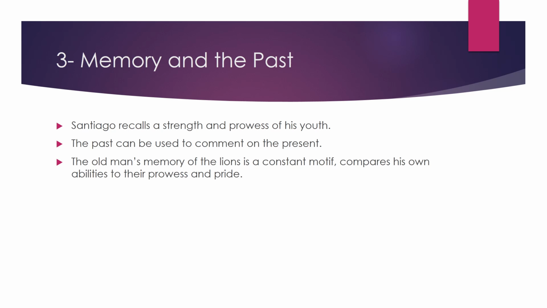And number three, the old man's memory of the lions is a constant motif, and he compares his own abilities to their prowess and pride. Of course, again, we have here a metaphor. He tries to make a comparison or show the similarities between himself and the lions and how powerful he was, how great he is, and how proud he is of himself and of his past.